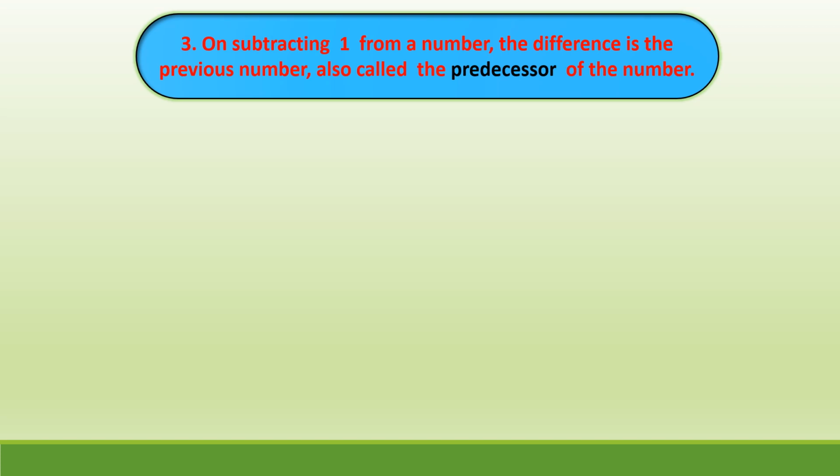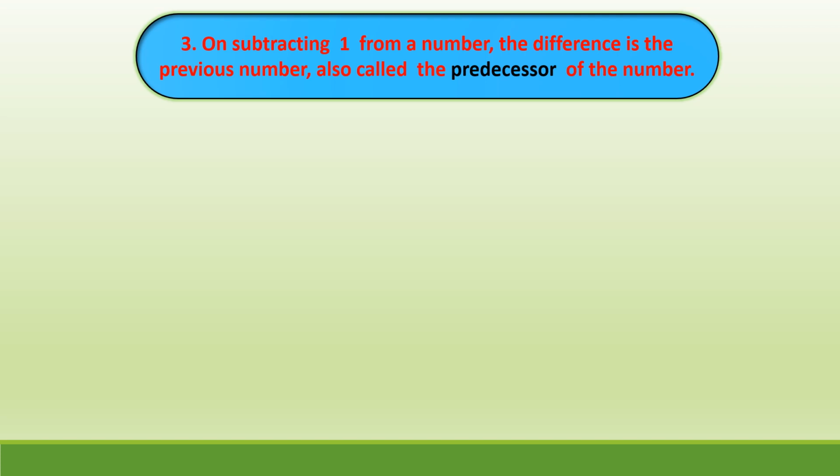Let's learn the third property. On subtracting 1 from a number, the difference is the previous number, also called the predecessor of the number. This is the third property. So when we take out 1 from the number, the difference we obtain is the previous number, and the number we get is called the predecessor of the number.